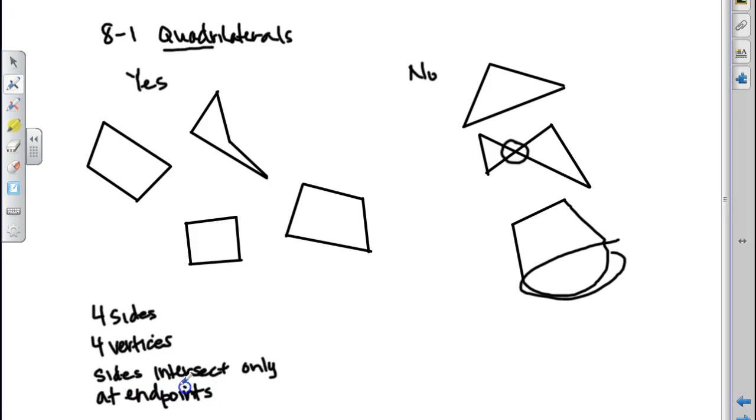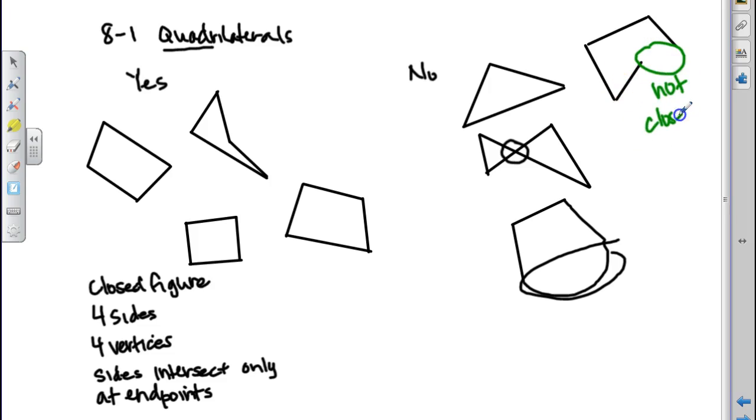We talked about that at the beginning. I'll draw one over here that's not closed. 1, 2, 3, 4. That's not a closed figure. Four sides, but I have this gap right here, so it's not closed. All right. If you have questions on that, make yourself a little note and ask me when I see you again. All right.